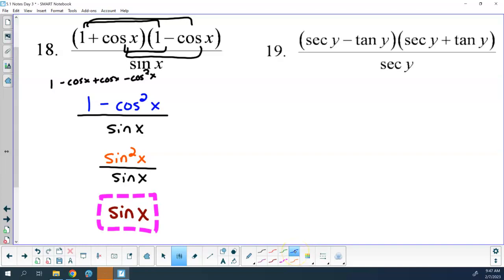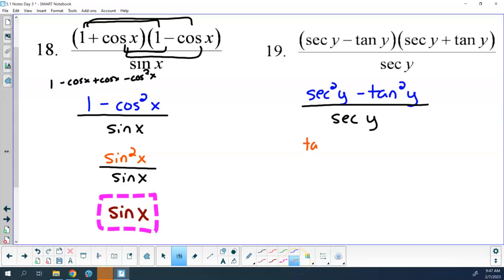Okay. This one becomes secant squared of y minus tangent squared of y all over secant of y. Secant squared, again, if anything's got a squared, probably got some kind of an identity to go along with it. Secant squared is tangent squared plus 1.